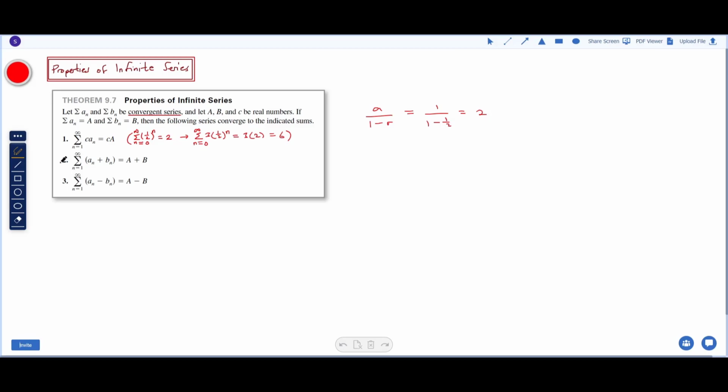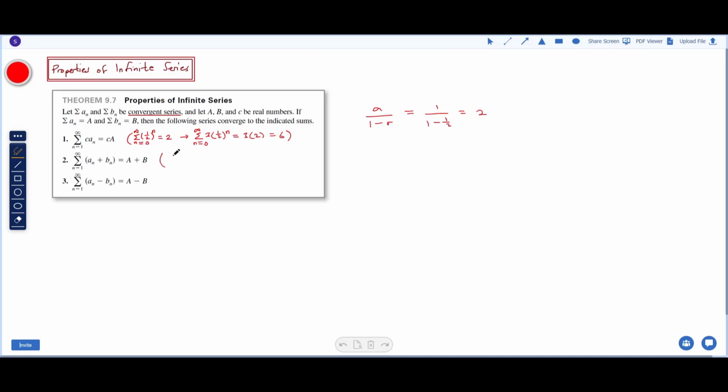Okay. Now, rule number 2: since both of these converge, then their sum converges to the sum of the values they converge to, right?